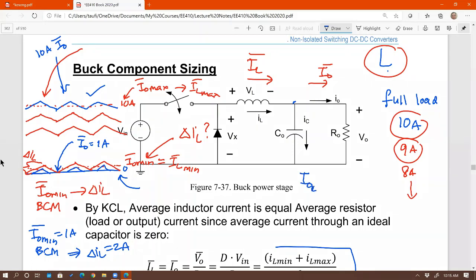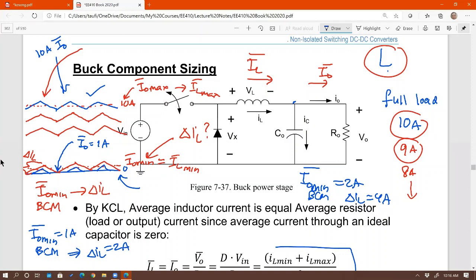If I out min at BCM is 2 amps, then delta IL must be 4 amps. What I'm trying to say is that now you see the relationship between I out average at BCM and delta IL. The bigger the I out min at BCM, the bigger the delta IL. You see that, hopefully? That's the first point.